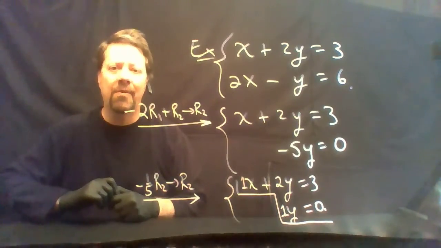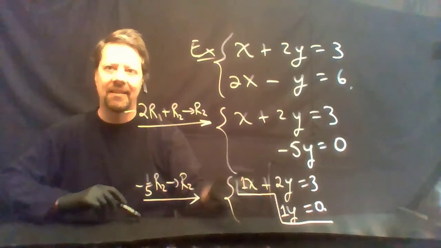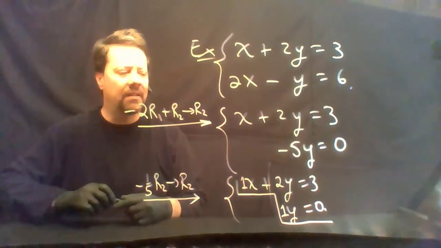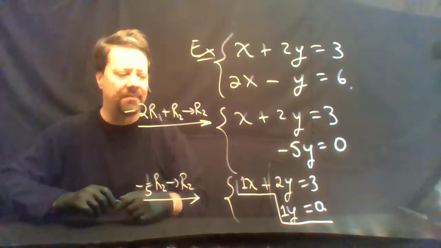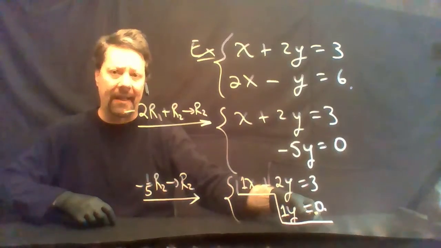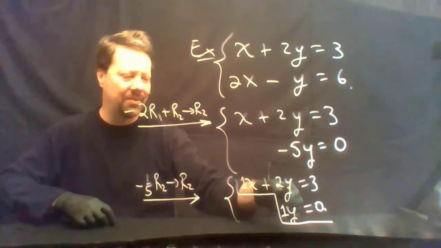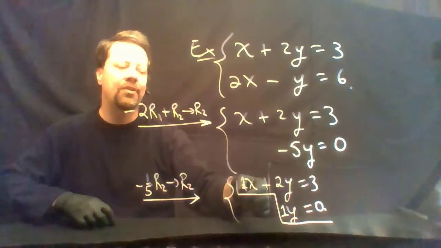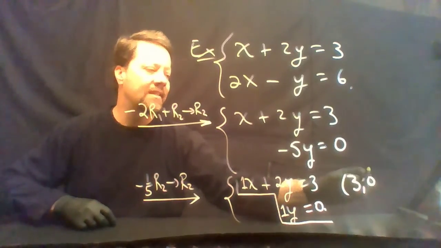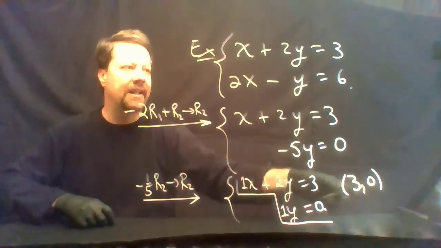If you perform a sequence of elementary row operations until it is in row-echelon form, it becomes particularly easy to solve the system. In this case, we can see that the last variable, y, must in fact equal 0. We can back substitute into the previous equations to obtain values for the other variables. So it's pretty easy to see that the solution to the original system is the point (3, 0).